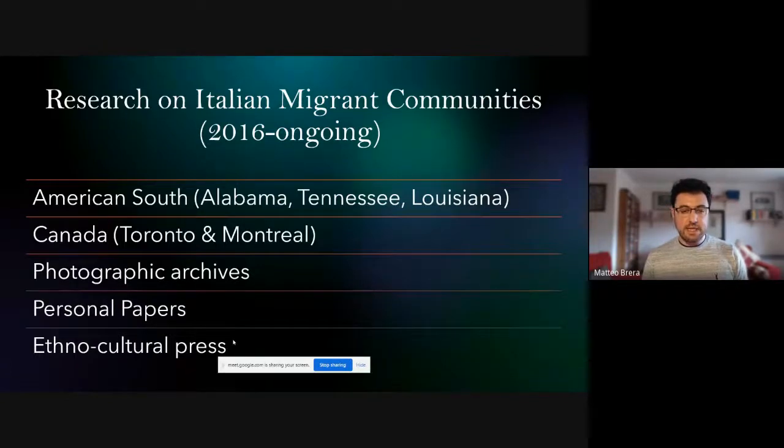In particular, I have been looking at migrants' personal papers and a variety of other source documents, such as photographic archives. Within the personal papers, which are multi-layered types of collections, I found a wealth of ethnocultural periodicals, so I focused my attention on those.